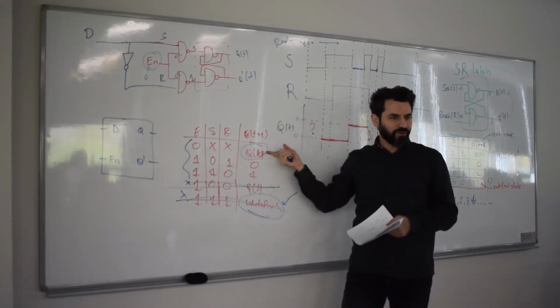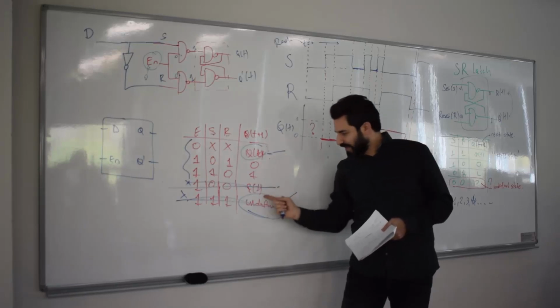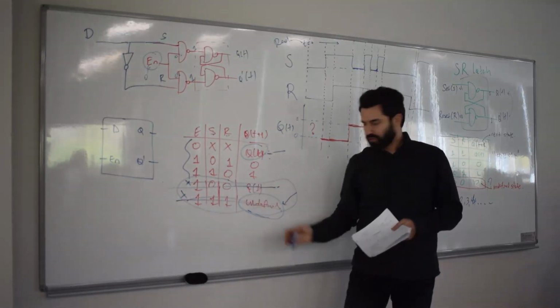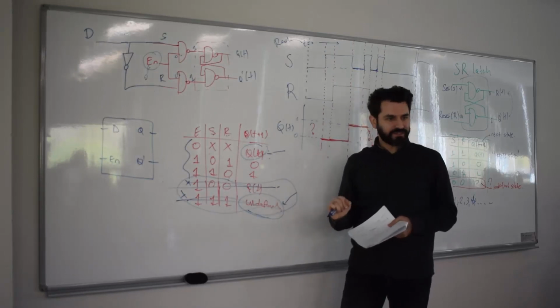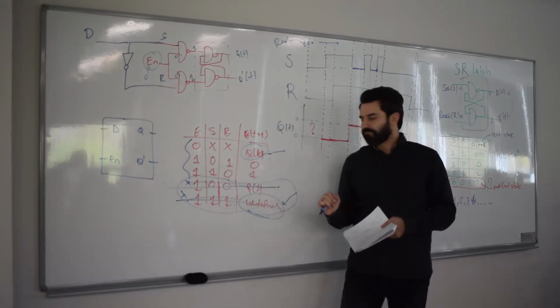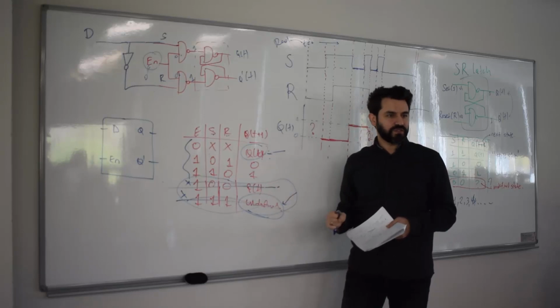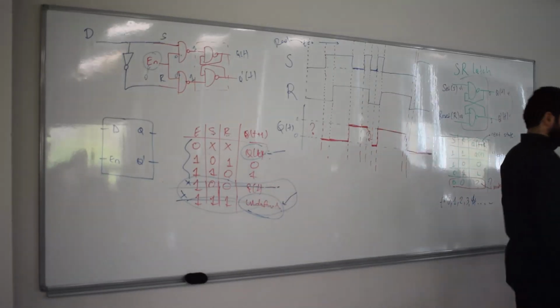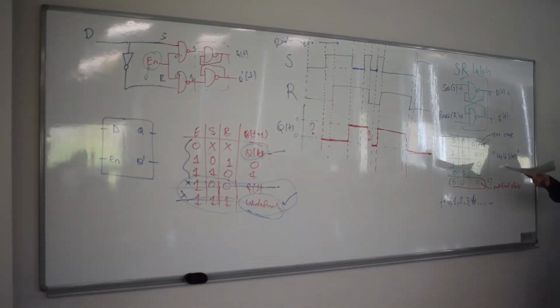You have a hold state already. So the reason that we did this kind of a tricky approach is just to get rid of the undefined states, because we can afford to lose the other. Absolutely, we can afford to lose the other hold states. Correct. Is that clear to everyone?